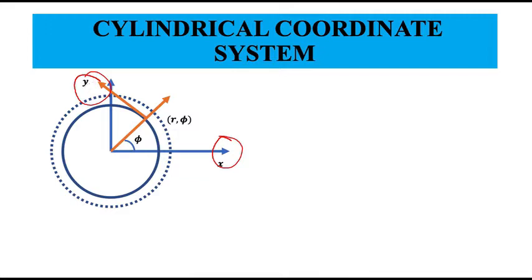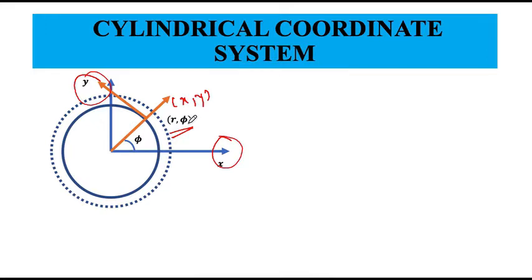So let us not get bothered about 3 line segments for that one. So you have x and y coordinate system over here. Any point here we have previously mentioned as x and y. Now we are representing this as a point r and phi.